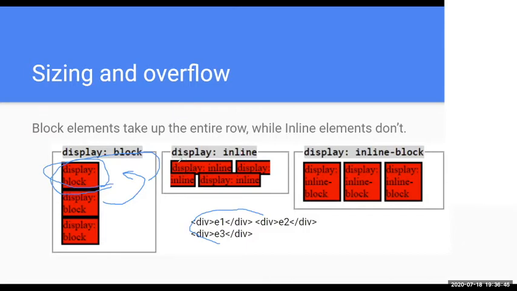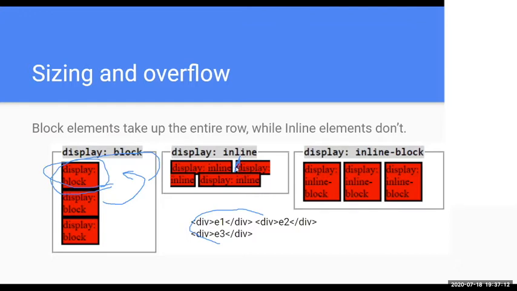And the vice versa is true for the inline element, where notice how this element will start immediately after the first element has finished. We have this first element here, display is inline, and it takes up about this much space of our entire window.